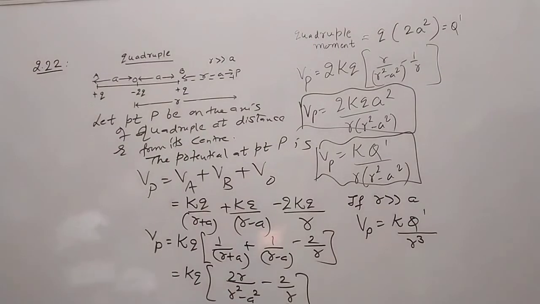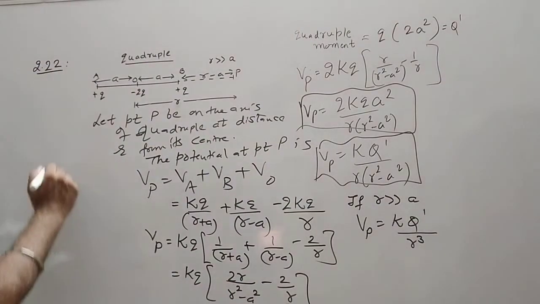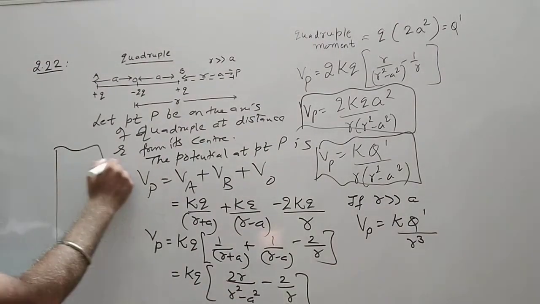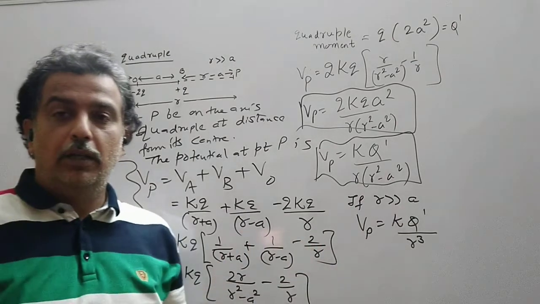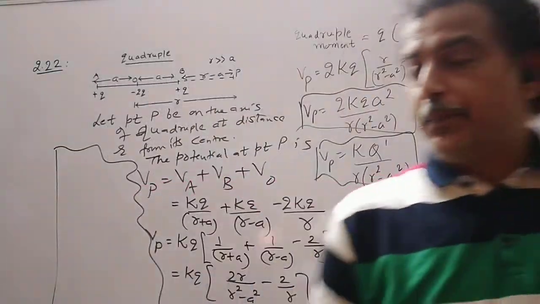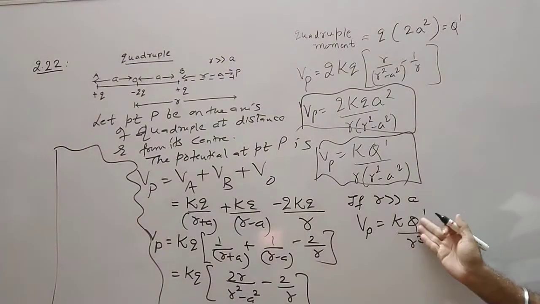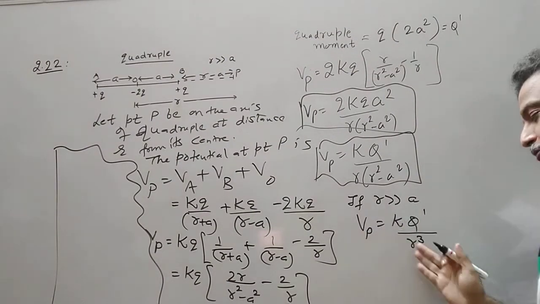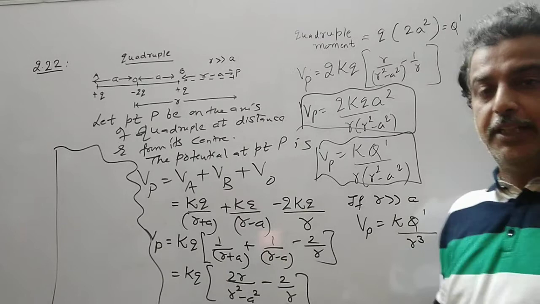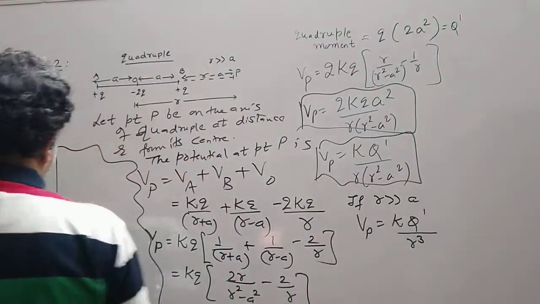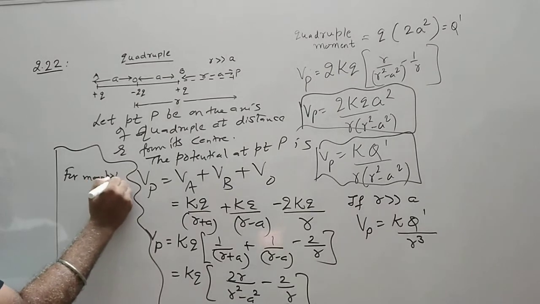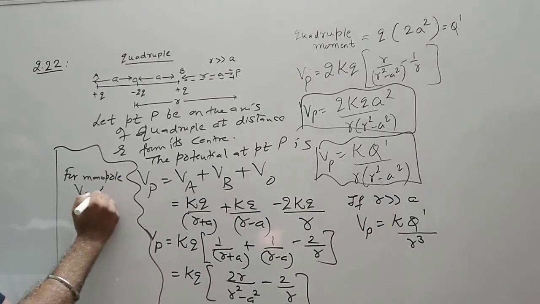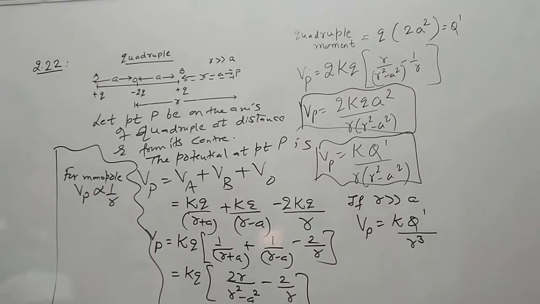Now see, we have done in the chapter the monopoles, dipoles, and this is a quadrupole. So it is clear that this is a constant term, so Vp is inversely proportional to the cube of the distance. So for monopole, means for a point charge, Vp was inversely proportional to r.